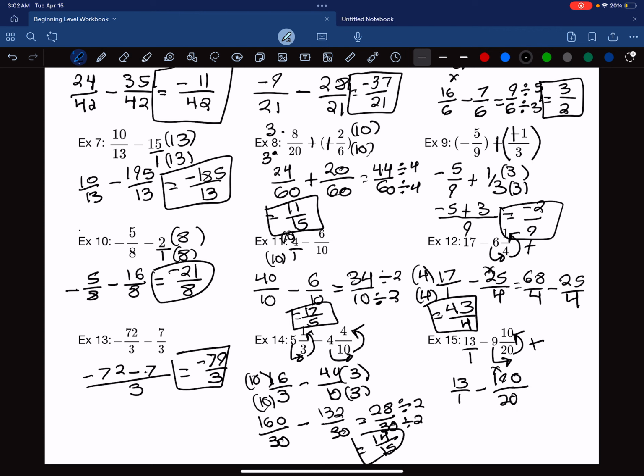And then from here, we can find the common denominator, multiply by 20, and then you're going to get 260 minus 190, and put that over 20, and then that's going to get you 70.